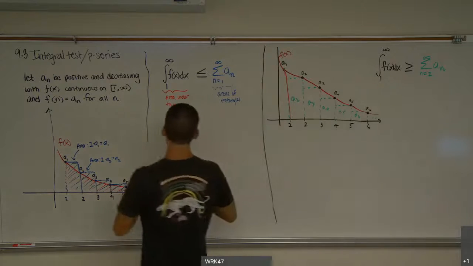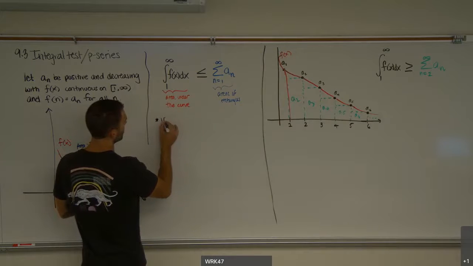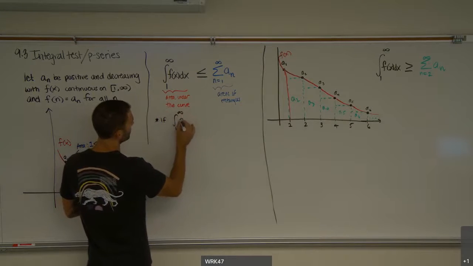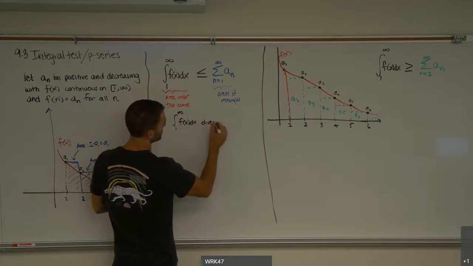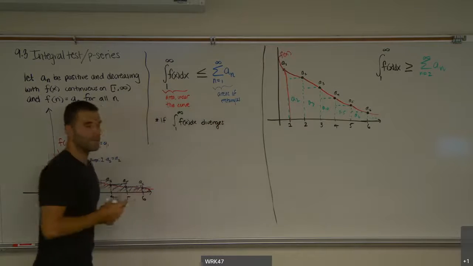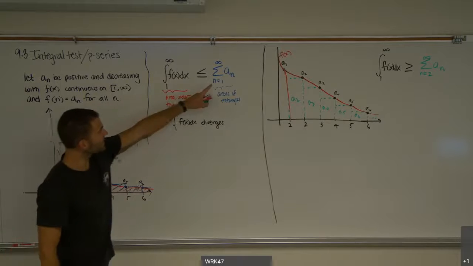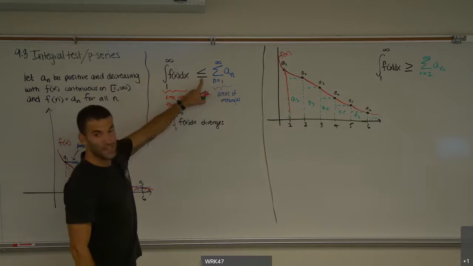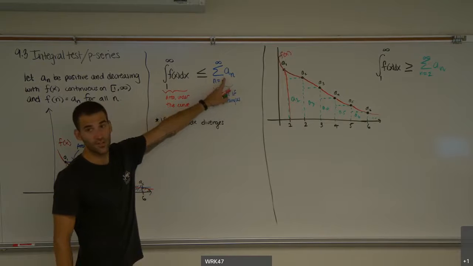Now go back to this one. If this integral diverges, meaning it doesn't give me an answer, it blows up, it doesn't converge to anything, then this series is larger or equal to this sum, the sum in question.